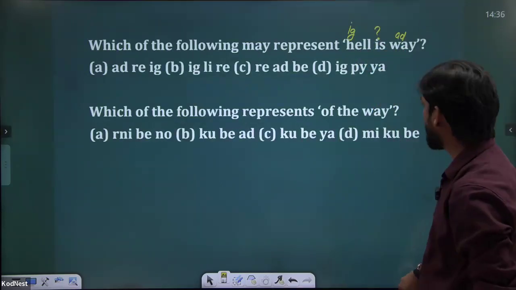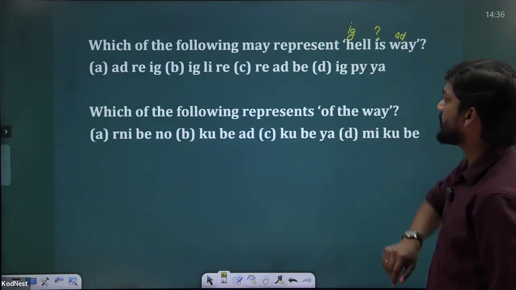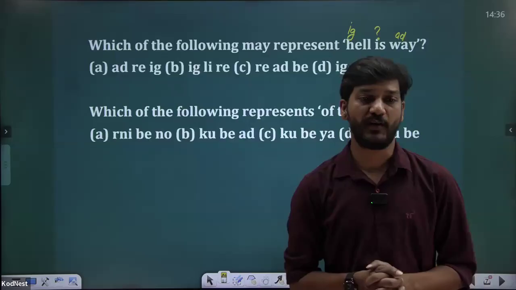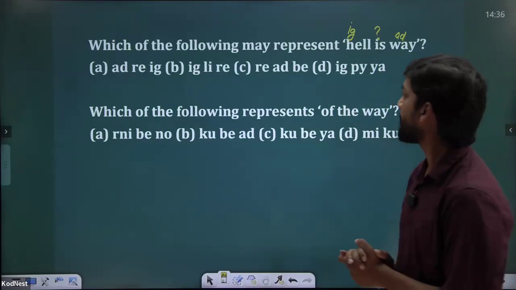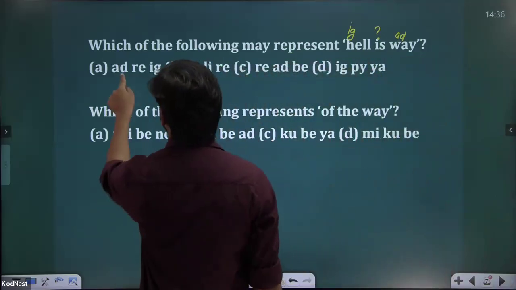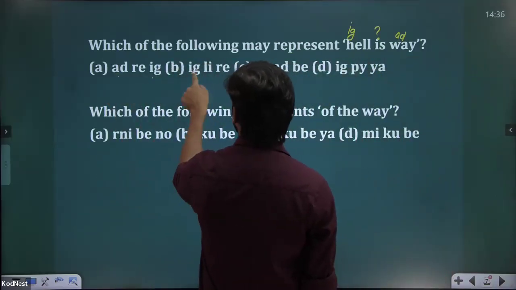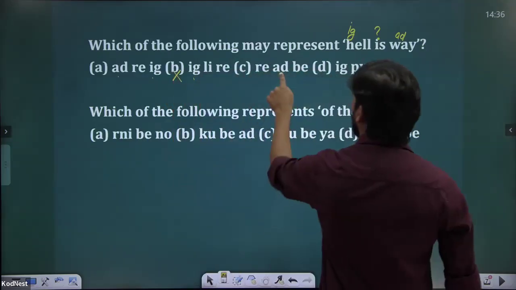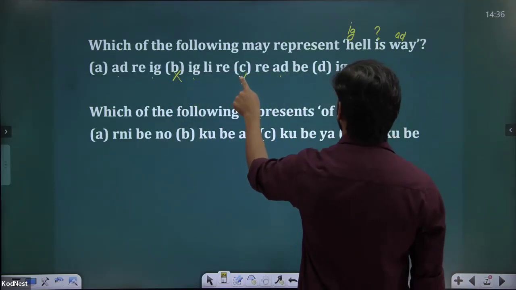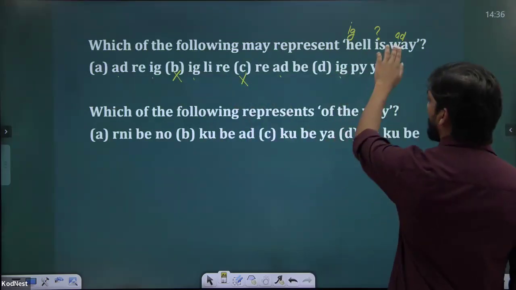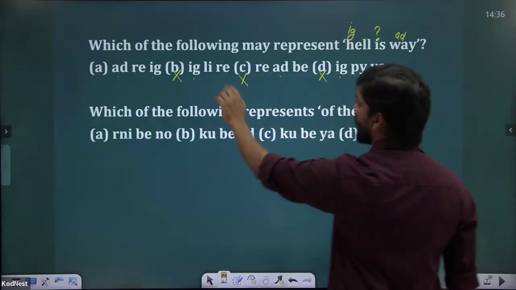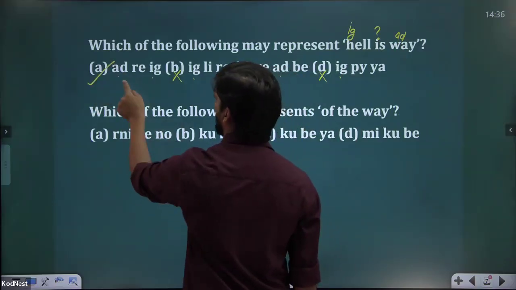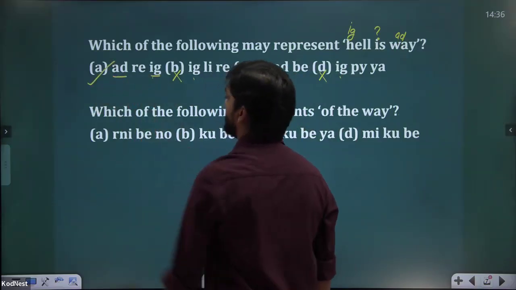In which option do we have these two words? AD IG. Okay, AD IG. Here IG we have, but AD we don't have. So these three are wrong. This one is right. Okay, AD IG.